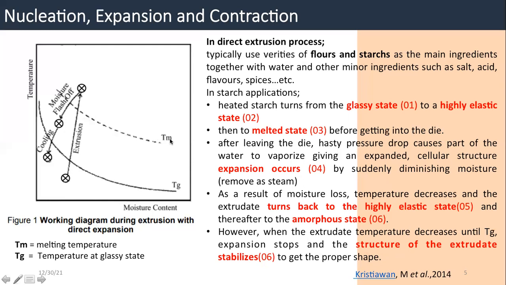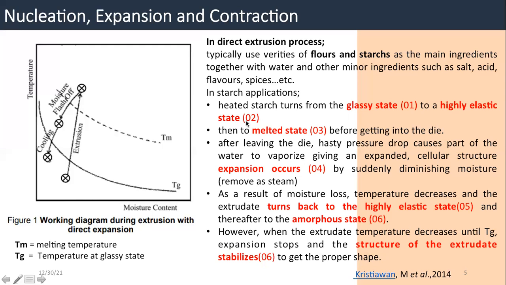When we pass the Tm range, automatically what happens to the molten solution? When we increase the temperature, after passing the Tg, then Tm is there. Tm means melting temperature. As a result of the melting temperature, when we increase the temperature beyond the Tm, then you can get the molten solution. Now the phase change is from solid state to liquid state.